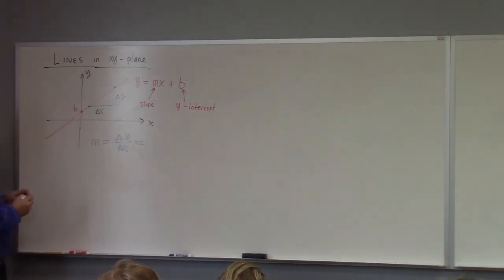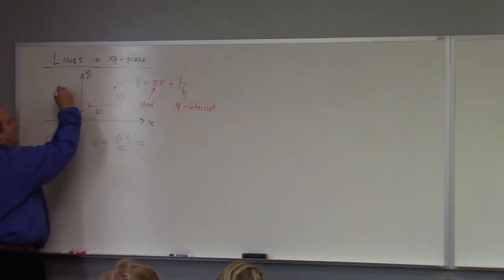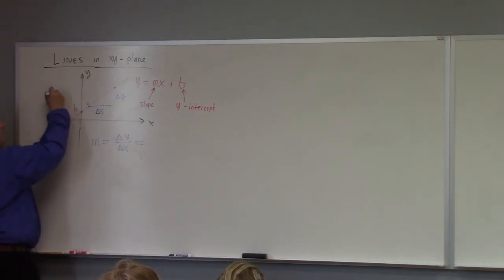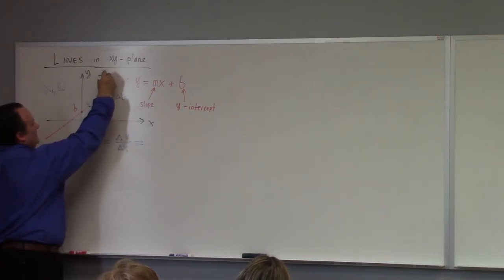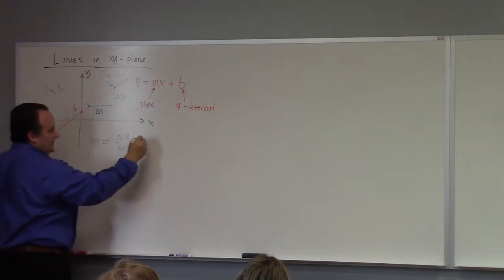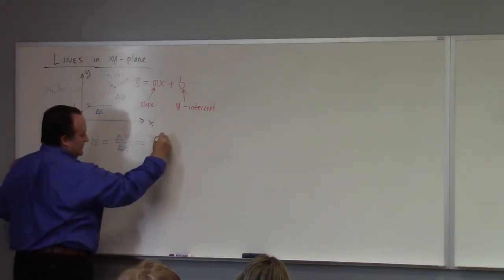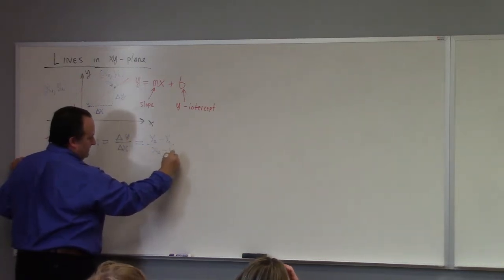If we label this point (x1, y1) and that point right there (x2, y2), then change in y over change in x is (y2 minus y1) divided by (x2 minus x1).